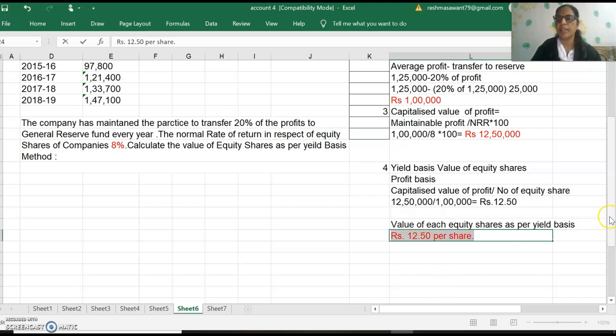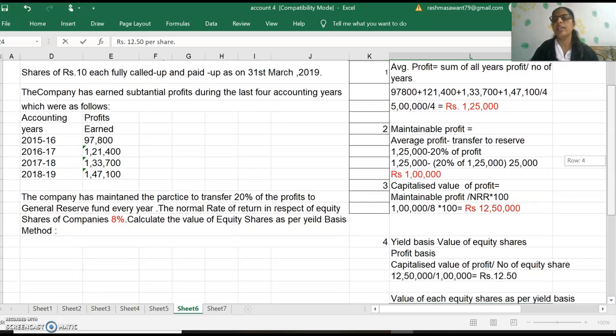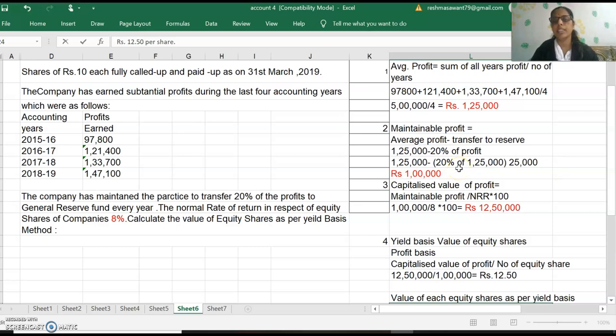Let's see again the calculation of the yield basis method. We need to calculate in four steps. Step number one, average profit. The sum of all years' profit divided by the number of years is the formula for calculating average profit. In this way, we find our average profit is rupees 1,25,000. Then the next step is to calculate maintainable profit.